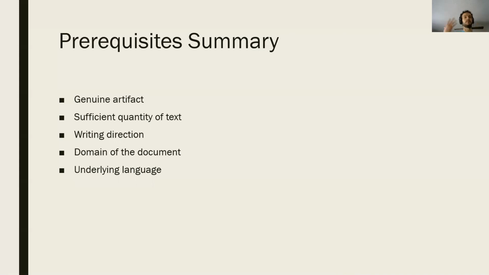There are multiple different writing directions that we've seen throughout history, and we've talked about the ways that it can be determined. Number 4, we need to get an idea of the domain of the document. What kind of things could this document be talking about that could tell us what words are in it? And finally, and very importantly, we have to make a good, educated guess about what the underlying language is, because writing systems always represent language information in some way.